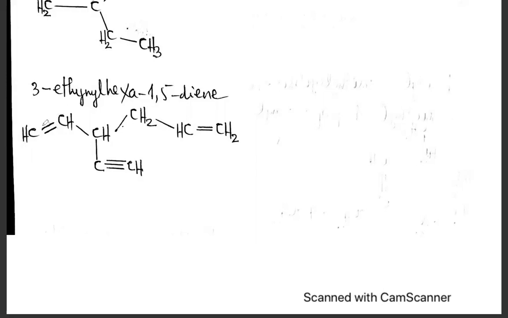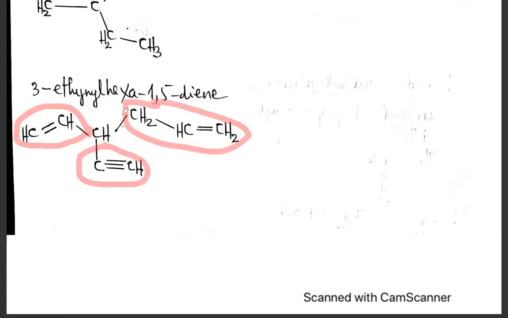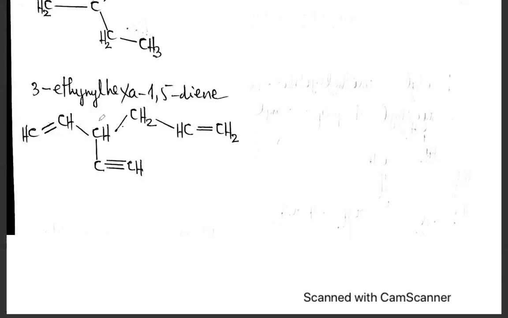So these two are automatically ruled out. This carbon here is asymmetric in the sense that it has this substituent 1, this substituent 2, this substituent 3, and forgetting the hydrogen, number 4. So for a carbon that is asymmetric, we put a star, to show that this carbon is asymmetric.